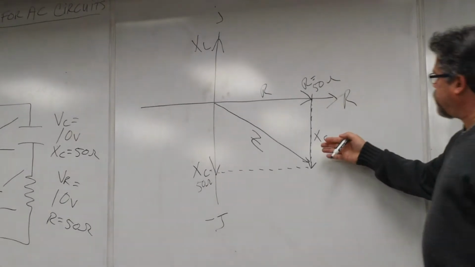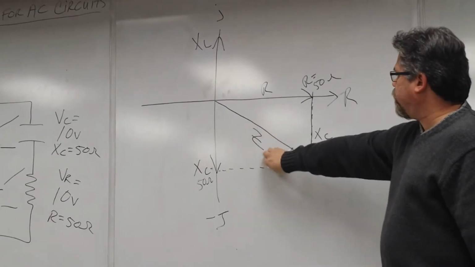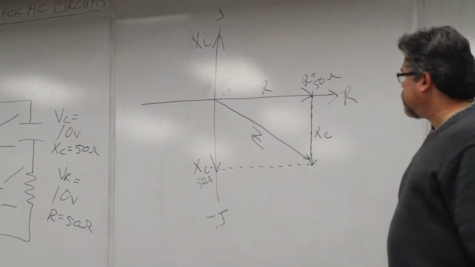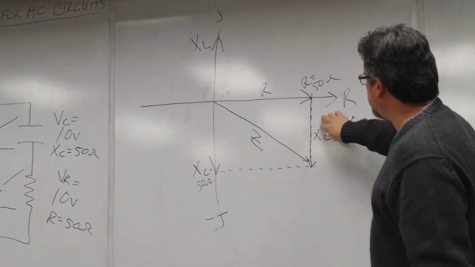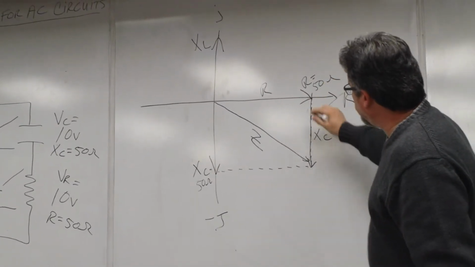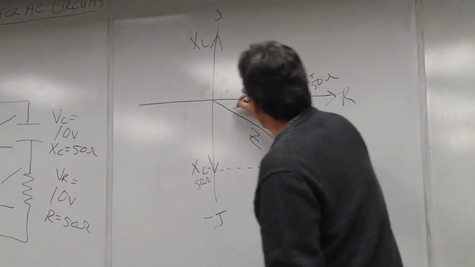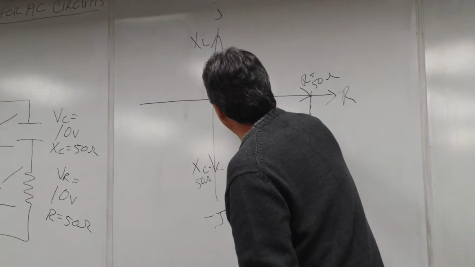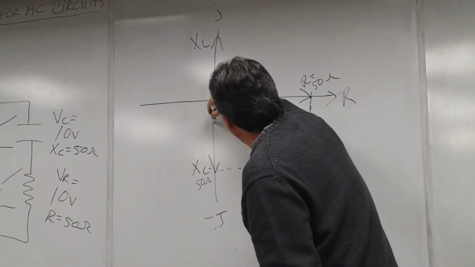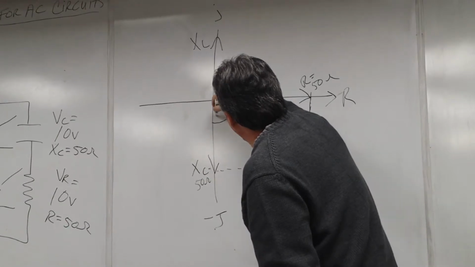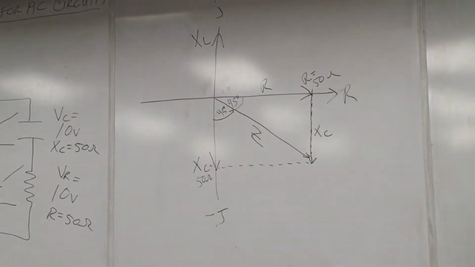X of C is on the opposite side, resistance is on the adjacent side, and the hypotenuse is the impedance. If this is 50 ohms and this is 50 ohms, the magnitudes, the lengths, are exactly the same. So you have something in here that would be 45 degrees, and from here to here is another 45 degrees. So it's 90 altogether for that right triangle.